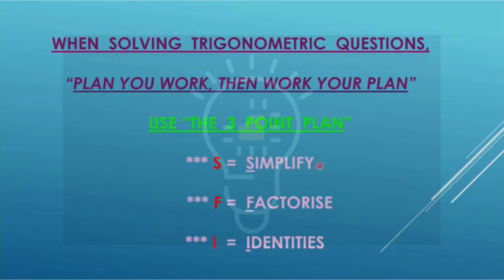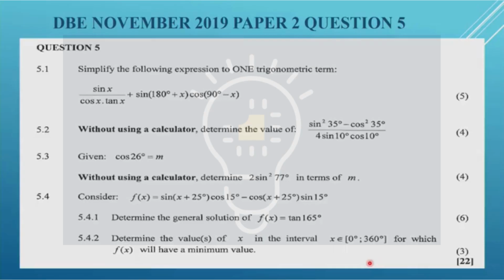In other words, when we get a trigonometric problem, firstly, let's see whether we can simplify it. Next, let's see whether we can factorize it. And then thirdly, let's see whether identities can help us come to a solution. So we're going to use that 3-point plan in our program this afternoon. And what we're going to do now is we're simply going to take the November 2019 paper 2. We're going to have a look at question 5, and we're going to work through this question here. Notice here, grade 12, question 5.1 says, simplify the following expression to one trigonometric term.